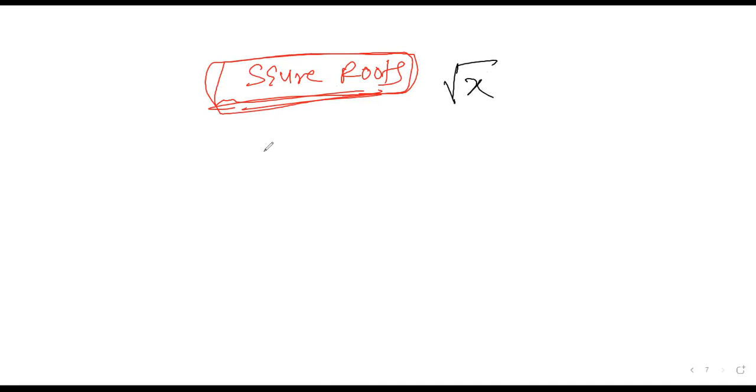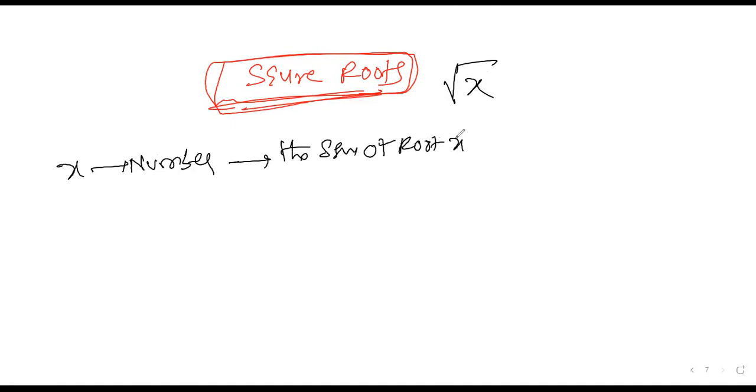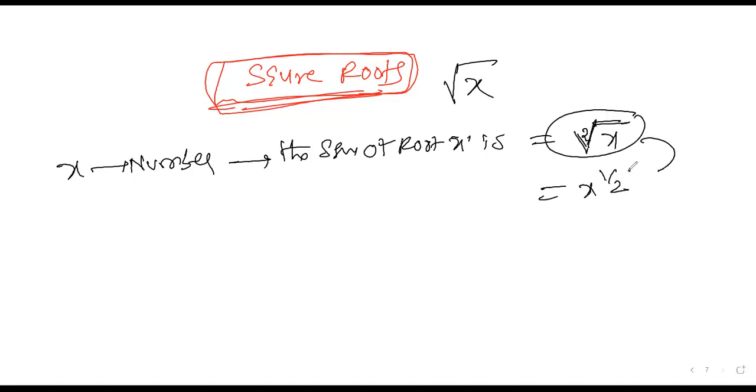If x is a number, the square root of x is root x, or else root x is nothing but x power 1 by 2. Root x we can also write as x power 1 by 2. Clear? This is just the symbolic representation; I should now say how to find the square root of a given number.